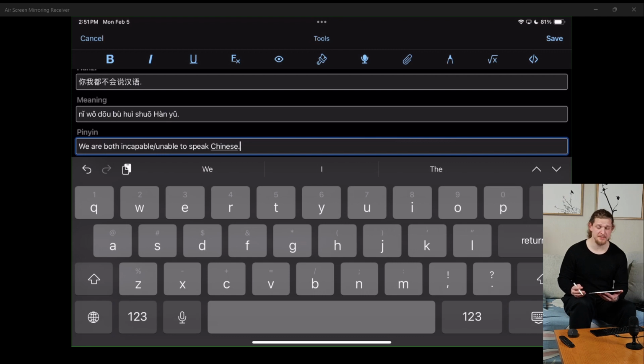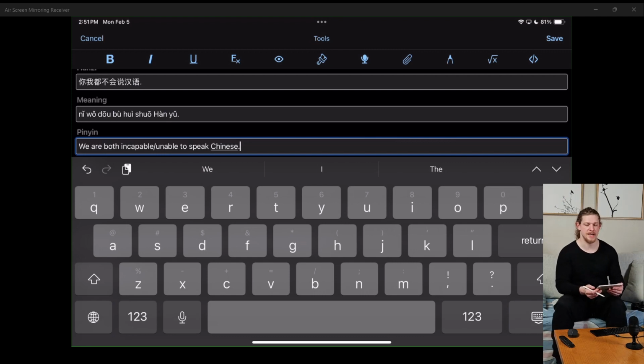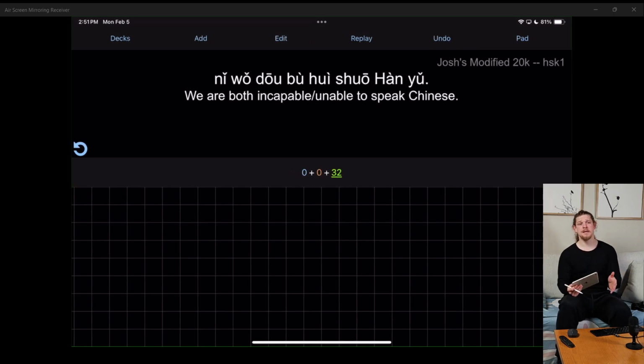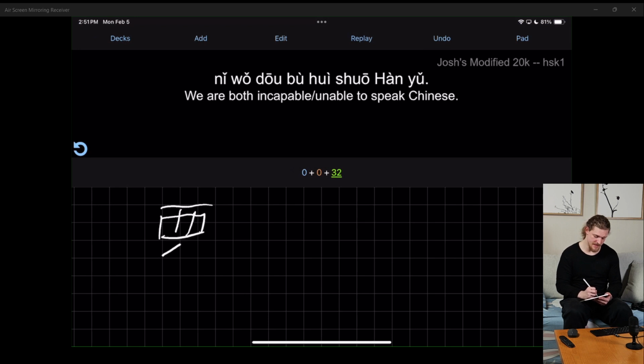We are both incapable or unable to speak Chinese. No, and this character 会 as well. So we talked about 要 being this interesting word that means like want or will or if, right?